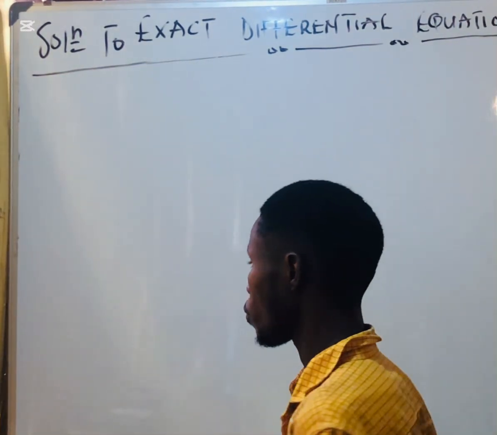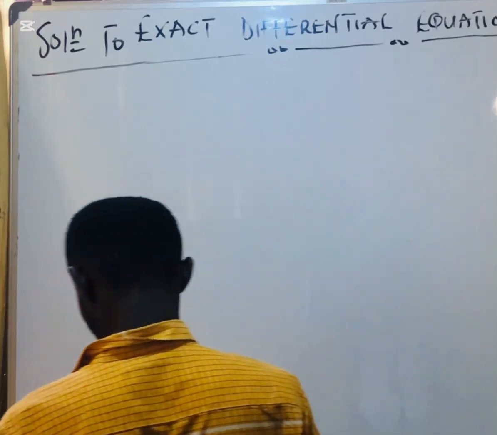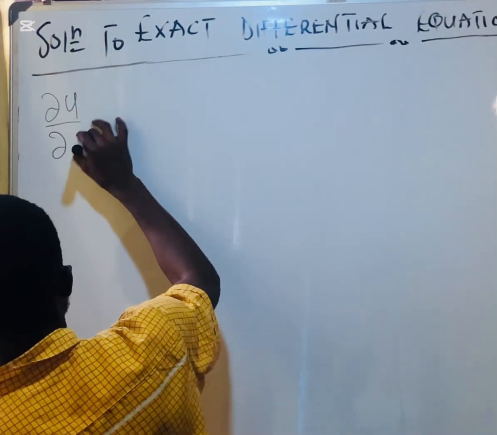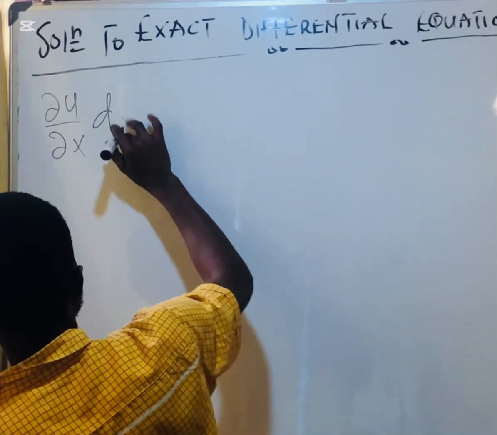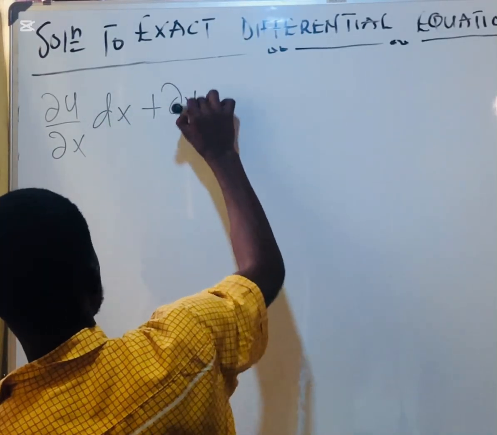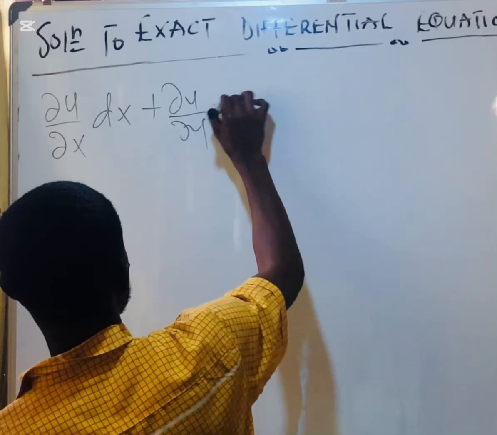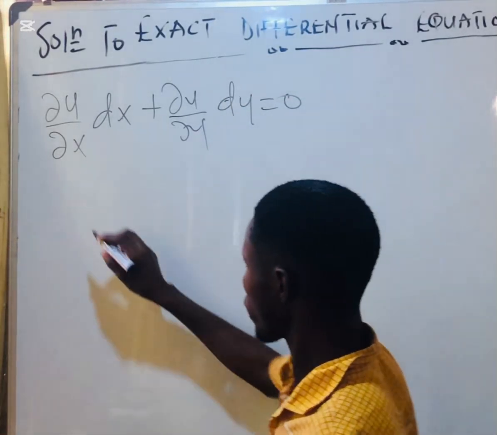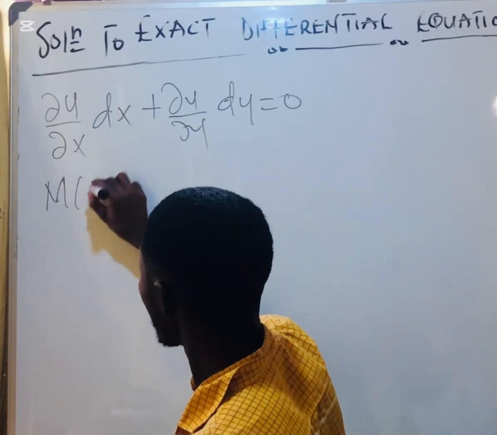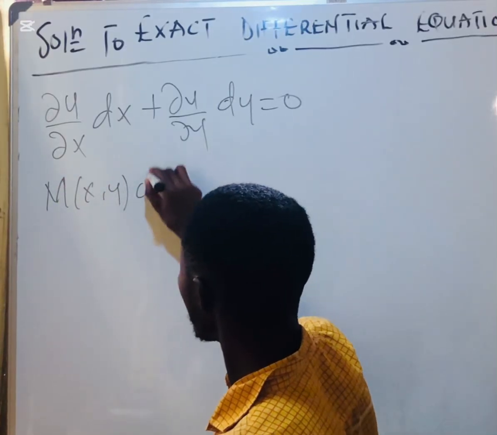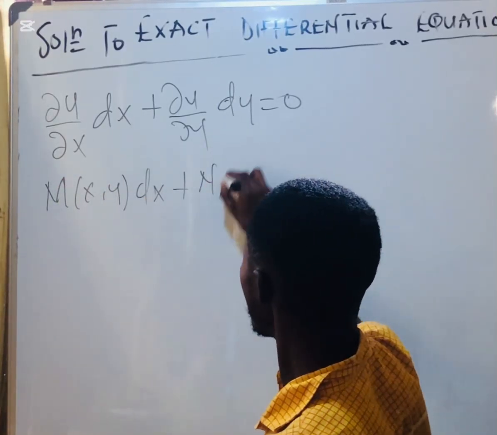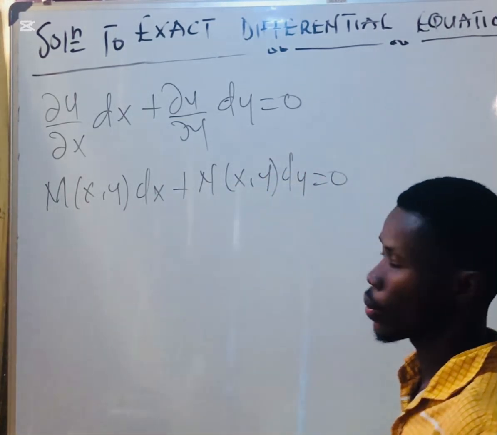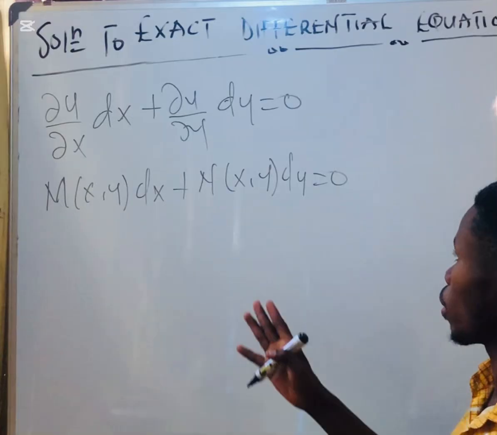So now let's start with this. We have already established that ∂u/∂x dx plus ∂u/∂y dy equals 0, where we said that M(x,y) dx plus N(x,y) dy is also equal to 0.